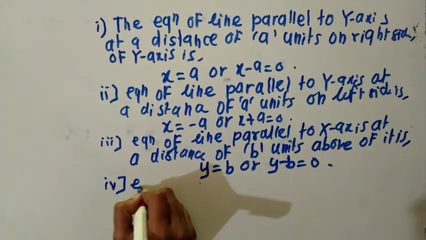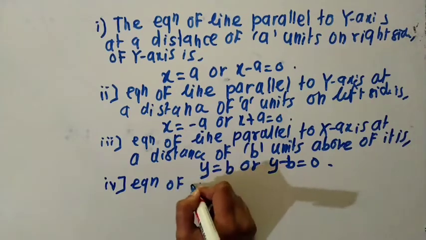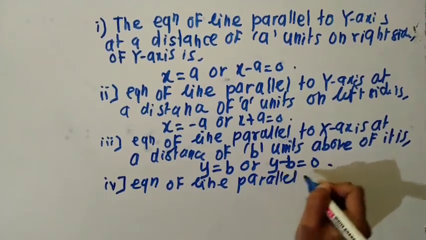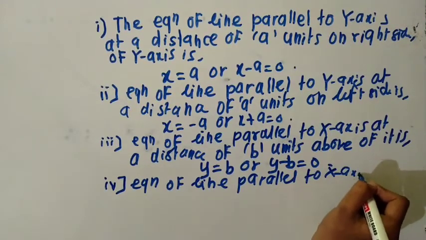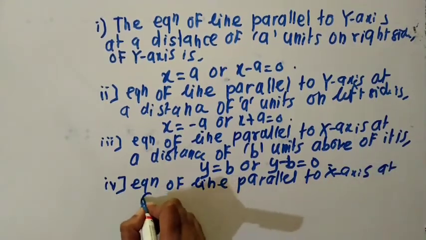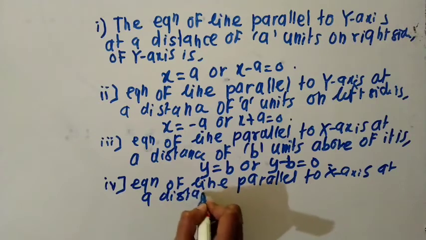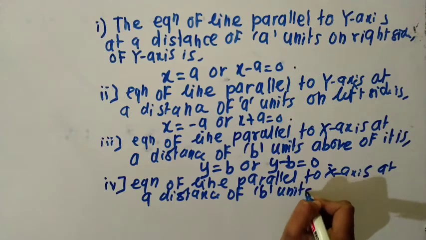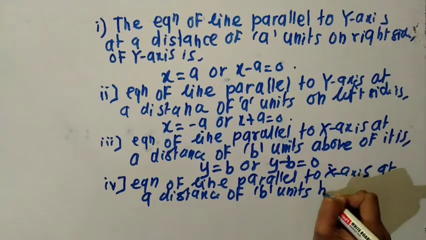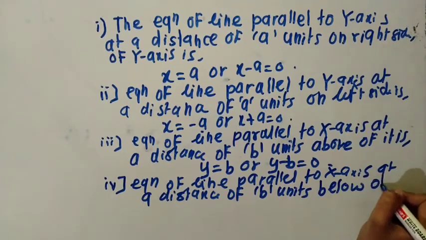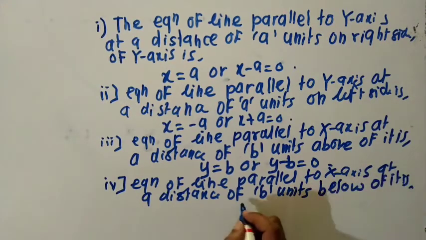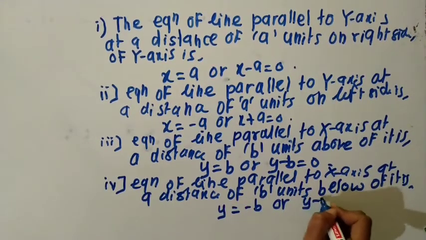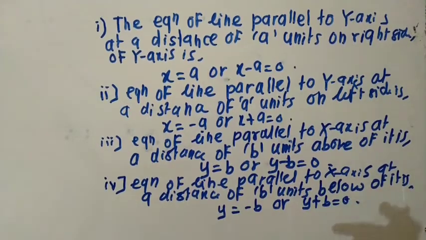Then fourth is the equation of line parallel to x-axis at a distance of b units below it is y is equal to minus b or y plus b is equal to 0.